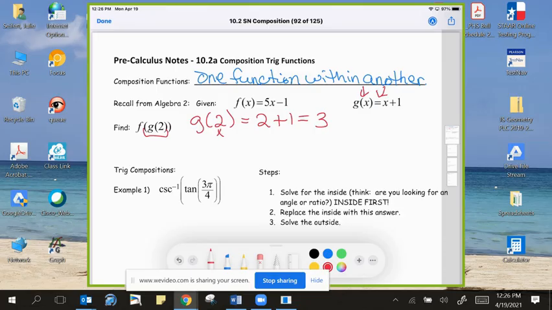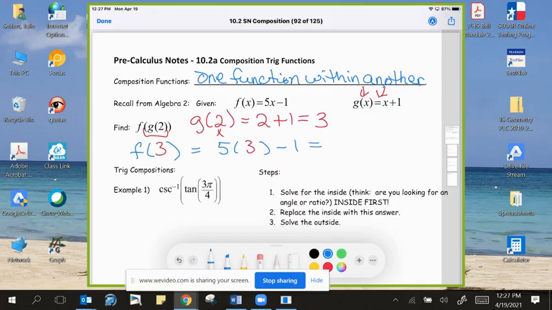Now we found g of 2. So our function is now f of the answer from g of 2, so it's now f of 3. The f function is 5 times x minus 1. We'll put the 3 in place of that x.